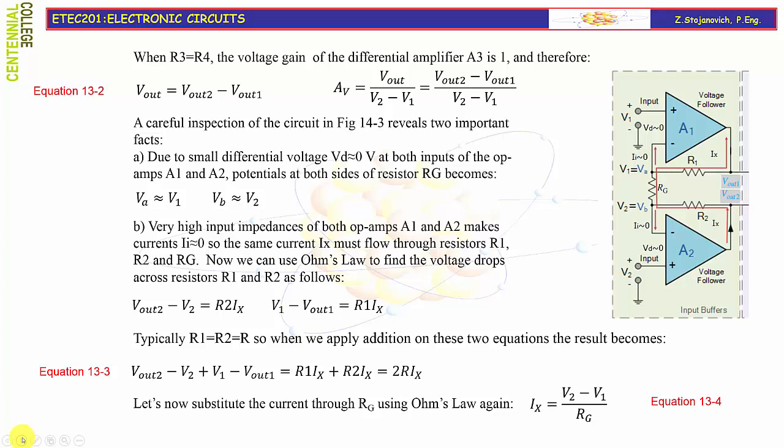Very high impedances of both op-amps A1 and A2 make currents Ii close to 0. So the same current Ix must flow through resistors R1, R2 and Rg.